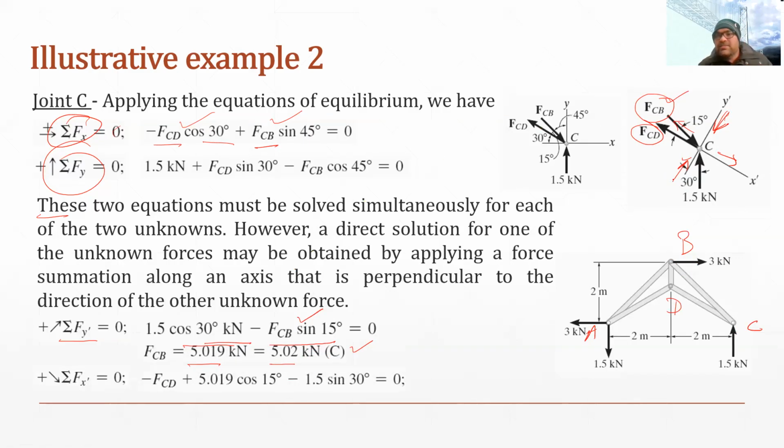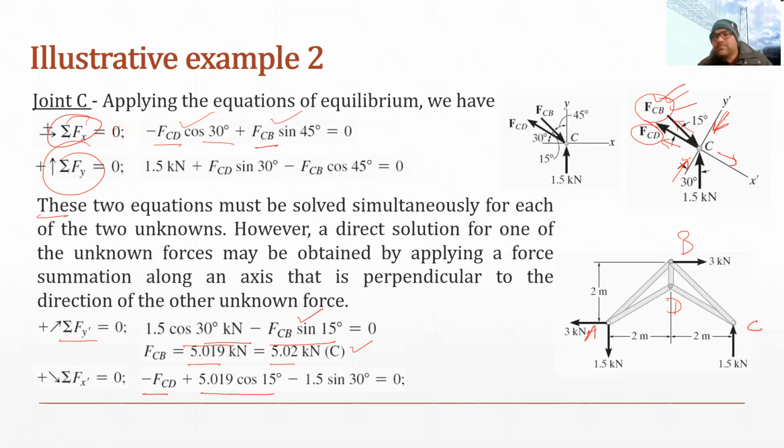In this case, FCD is along the left, along this direction, so this is negative. So this is written here, minus FCD, then 5.019 cos 45, because now we have found the value of FCB. This value is known, so that is written here directly, 5.019 cos 45, the horizontal component of FCB.